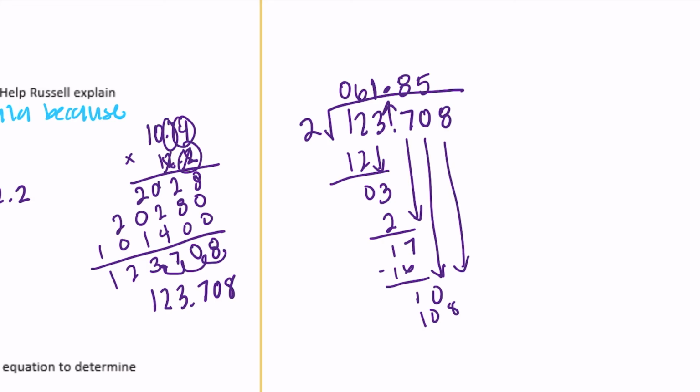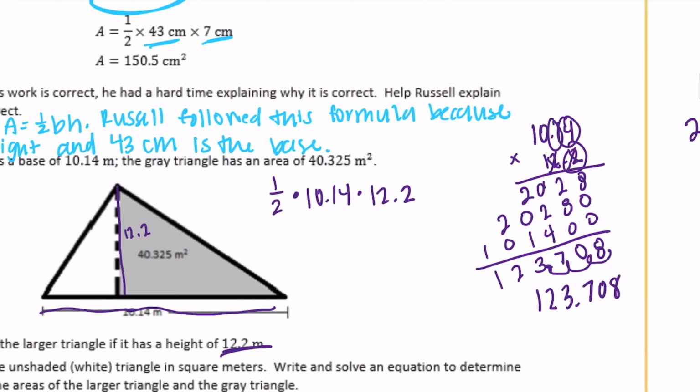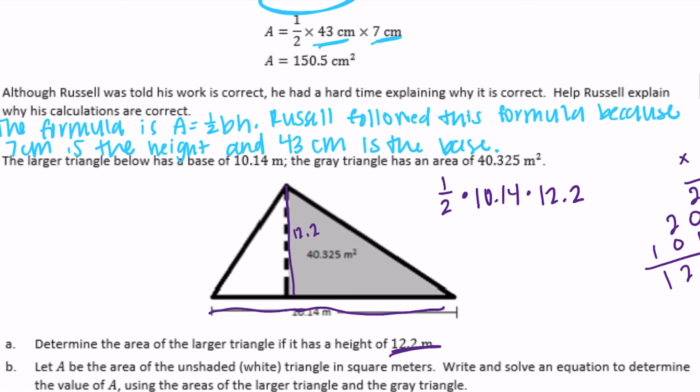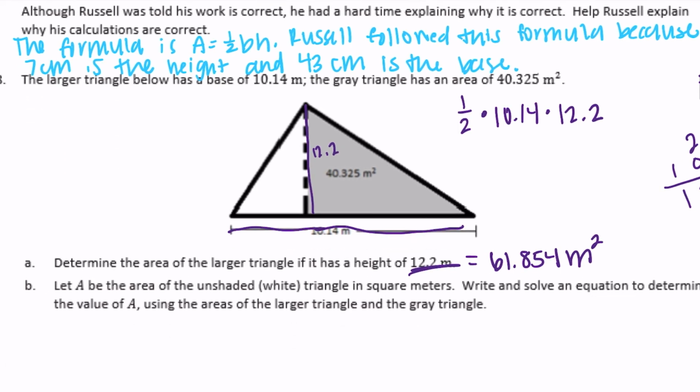And 2 goes into 8, or this should be 0, sorry. 2 goes into 8 4 times. So no remainder, and we get 61 and 854 thousandths. And our label is meters squared. So that's the area of the larger triangle.